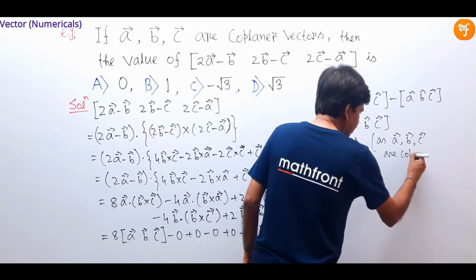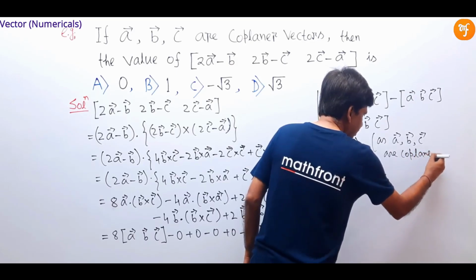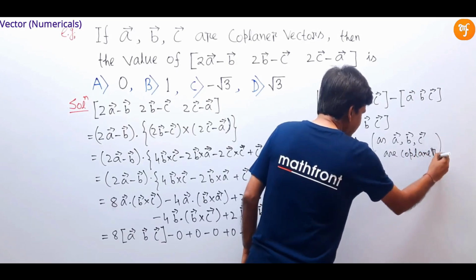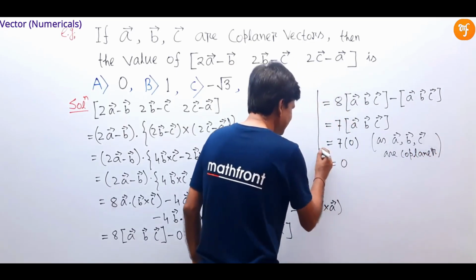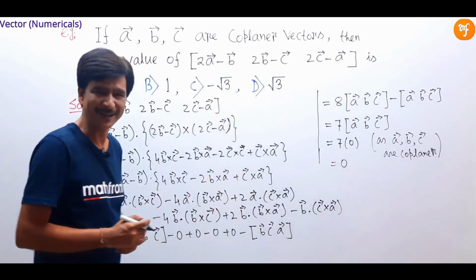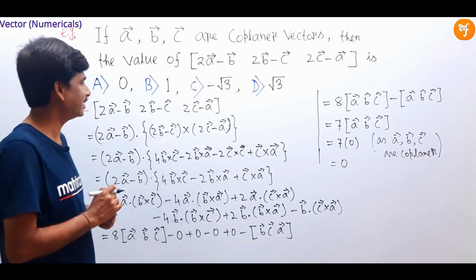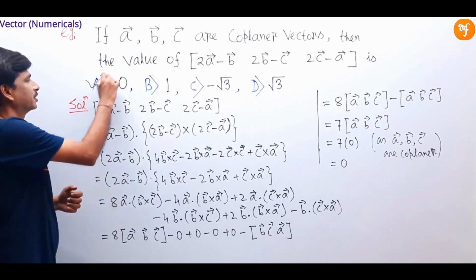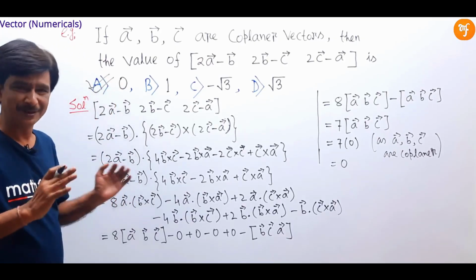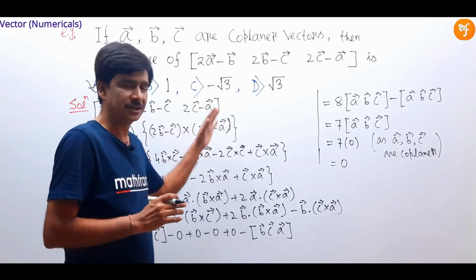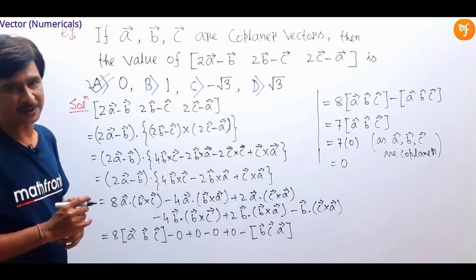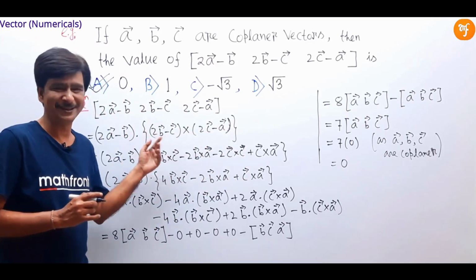Okay. Clear? So what is the result? The result is 0. I think the question is quite interesting. Please remember the trick. Okay. Now which option is correct? Yes, option A is correct. The question is important with respect to your competitive exam also. So please remember the trick and technique.